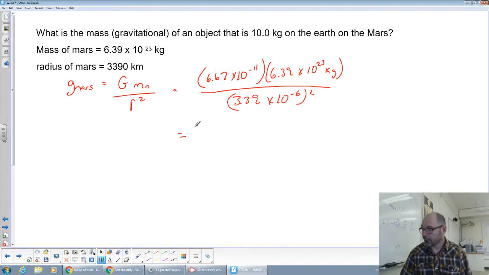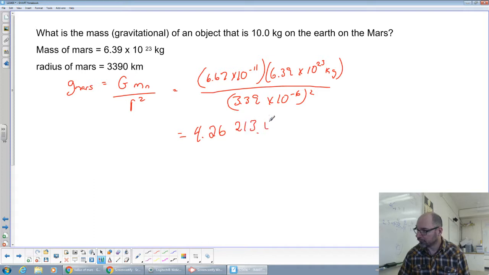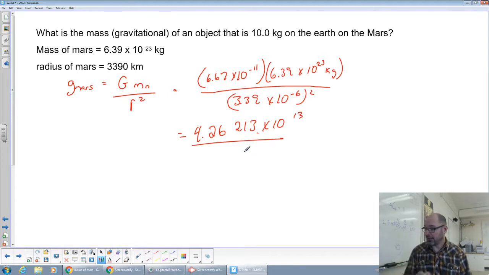Okay, so that's 4.26213 times 10 to the 13. And then we got this one here on the bottom, 3.39 exponent 6, squared.